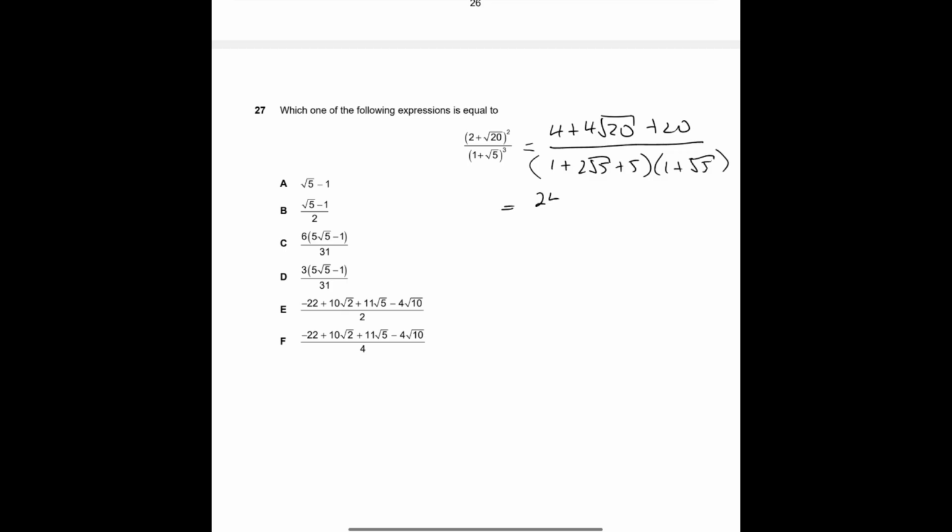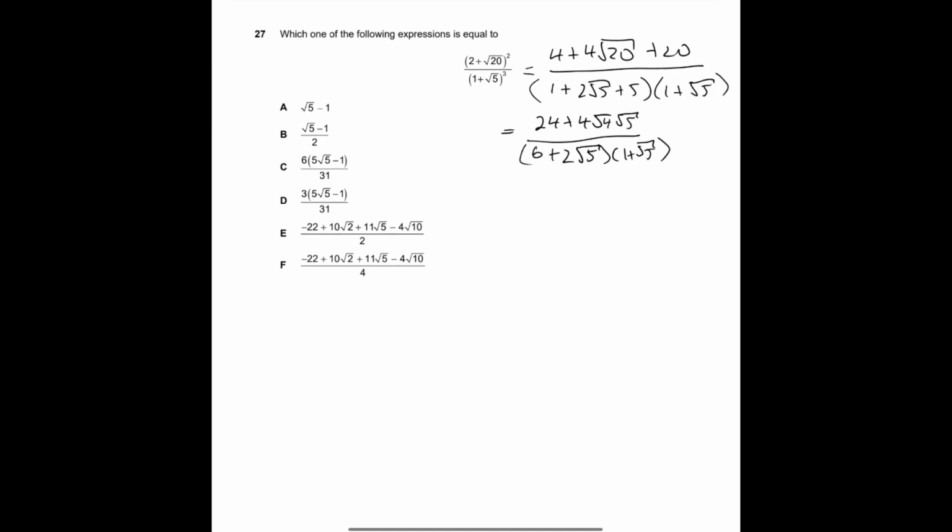It's going to be 24 plus 4 root 20, which is root 4 times root 5, over 6 plus 2 root 5 times 1 plus root 5. And then we can take out a factor of 2 from both top and bottom. So that becomes 12 plus 4 root 5 over 3 plus root 5 over 1 plus root 5.